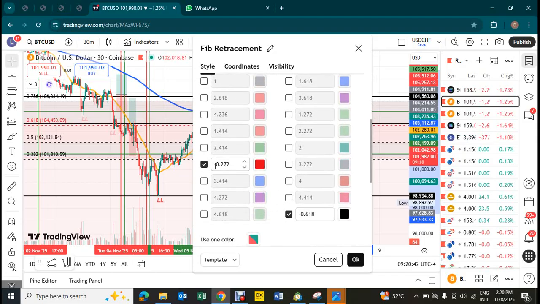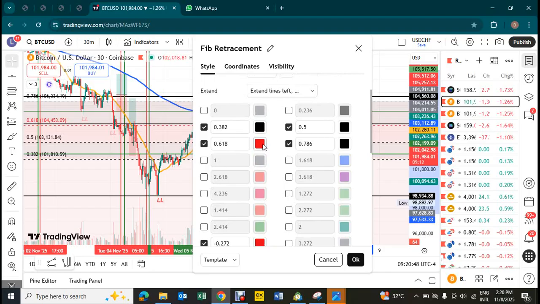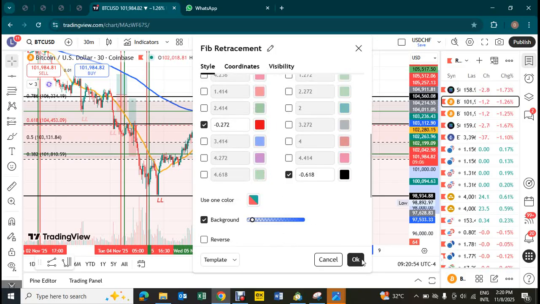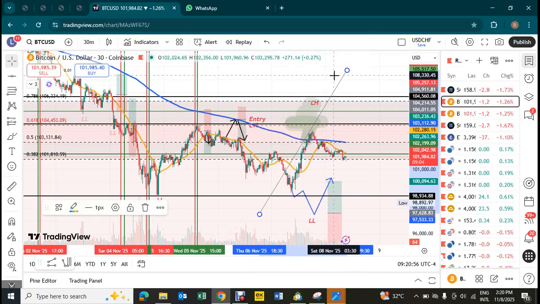Like on this one you have minus 0.272, on this one you have minus 0.618. When you see that, you put the same color, or the color which you think will be okay for you, whatever you think is fine. After you do that, you click on OK. So now you have a Fibonacci retracement tool set up.